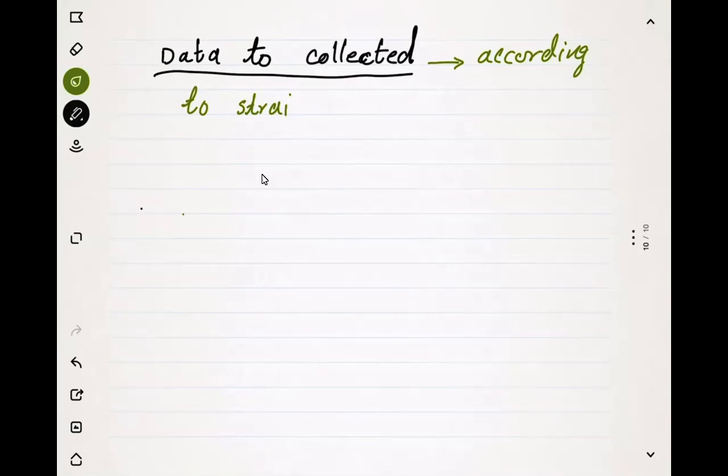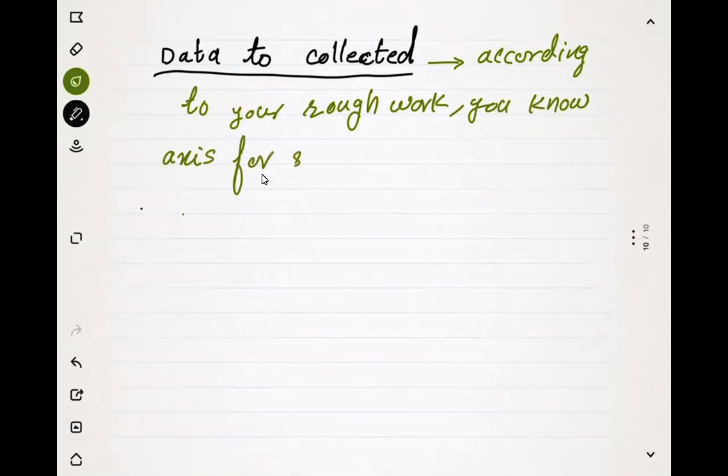You will not write that, but according to your rough work, you know the axis for the straight line graph.